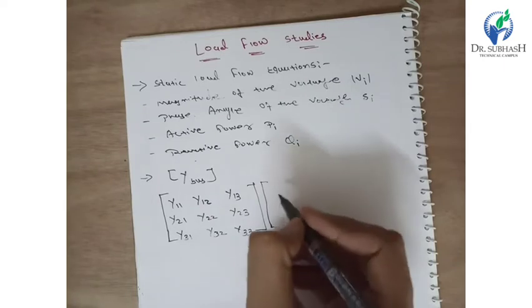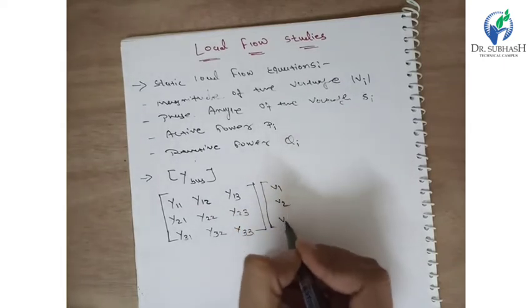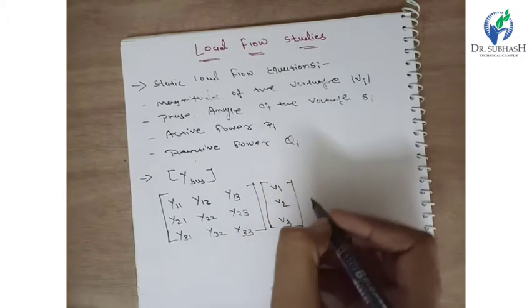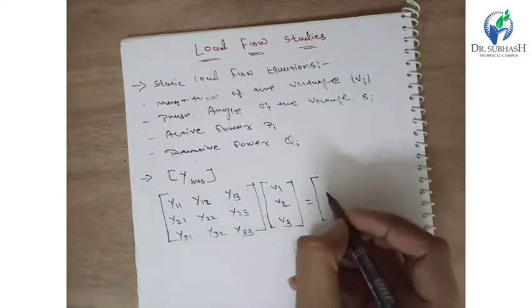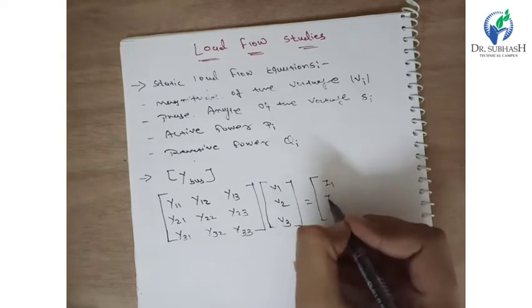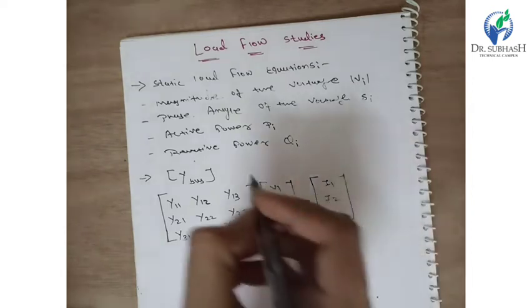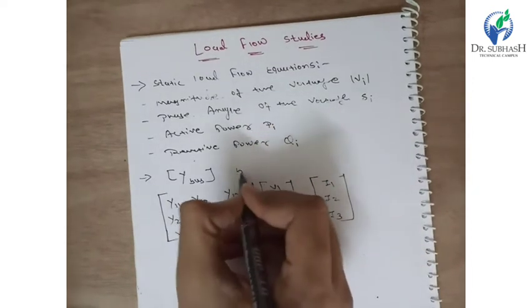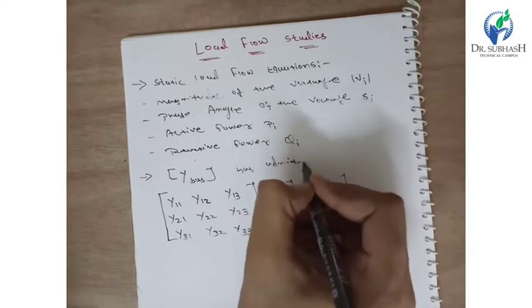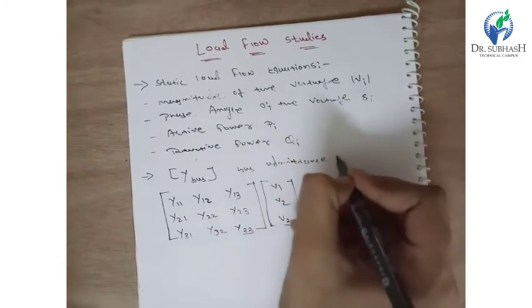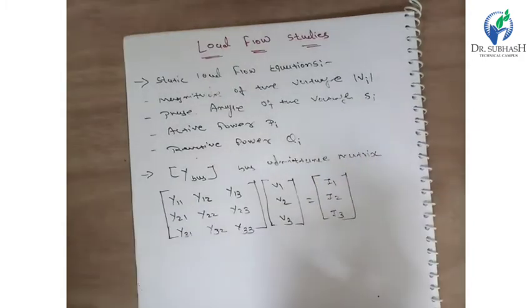The voltages are V1, V2 and V3, and the current values are I1, I2 and I3. Here is the bus admittance matrix.